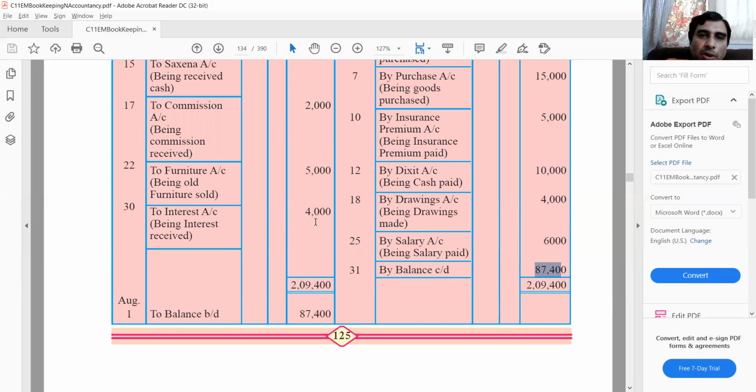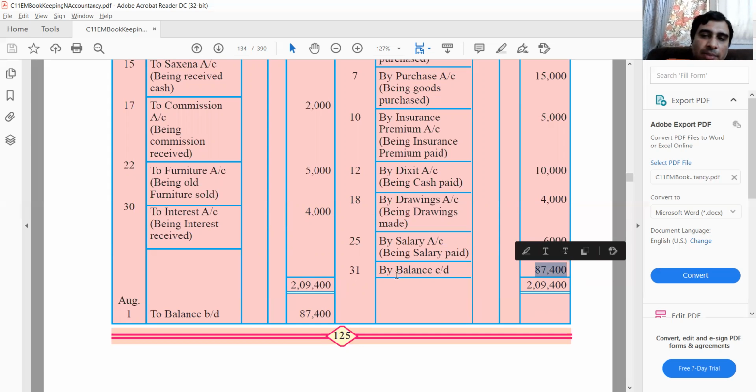When you start totaling a cash book, you will always total this first. But remember, when you are totaling such things, you should always have a pencil and an eraser. Never write down these amounts directly by pen, because if they are wrong, it looks very messy. So have a pencil, add up, and you will reach 209,400. You will add all this up, it will not be 209, it will be 87,000 less.